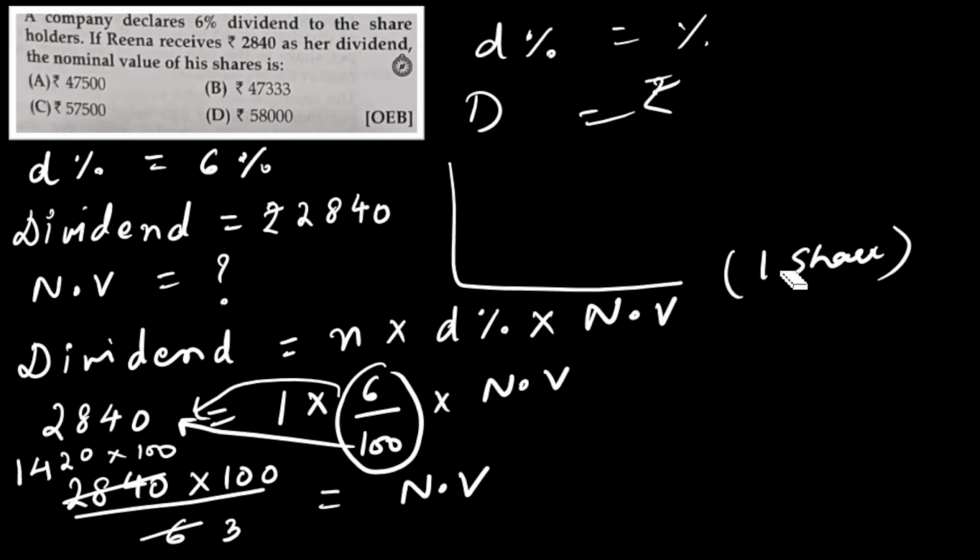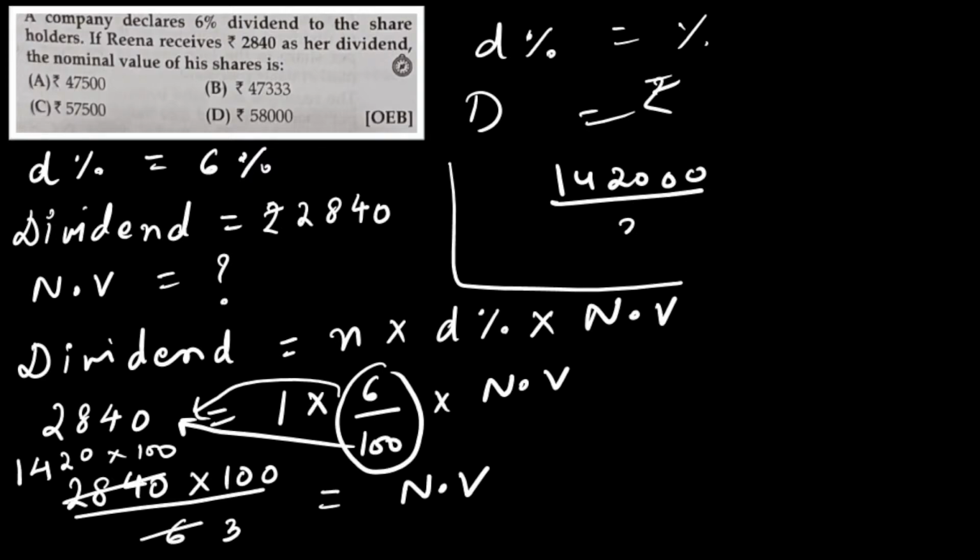So we have used this formula and we got 1420 into 100. If I multiply, it will become 142,000 by 3 is equals to nominal value. Divide it and tell me the answer. Today I see very less responses.